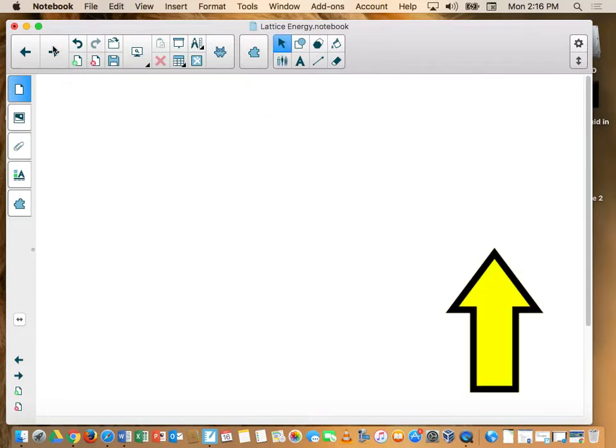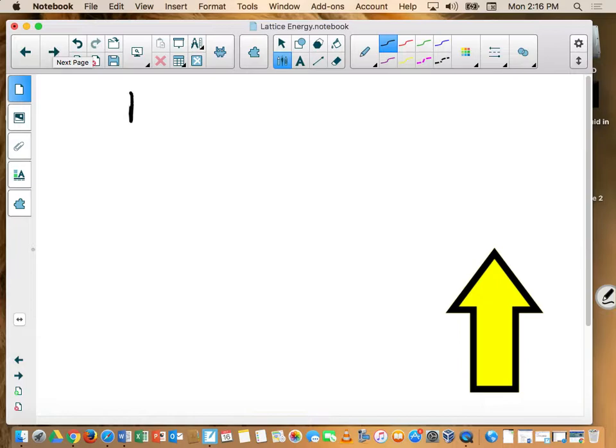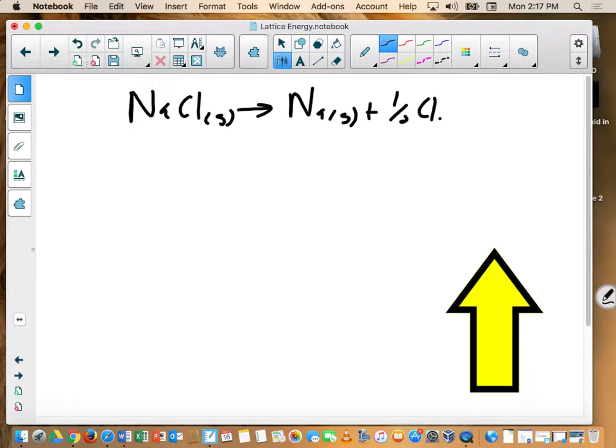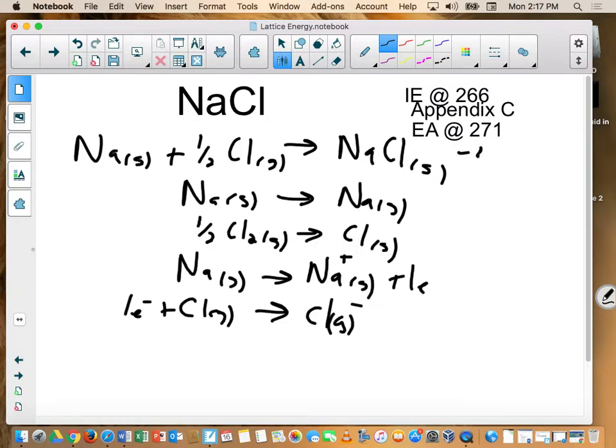First thing we'll do is take the formation reaction and flip it. So NaCl solid is going to go to Na solid plus 1/2 Cl2 gas. And if we go back in the appendix, we see that it was negative 410.9 kilojoules per mole.